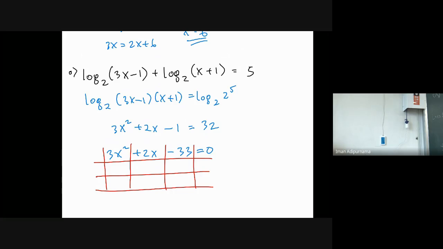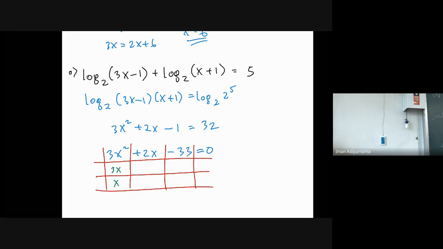And then do the cross, and then add. If it is 2x, then it's correct. Let me do that for you. Maybe this is 3x, this is x. I think to get 33, we only have 11 and 3, right? And one of them will be minus.